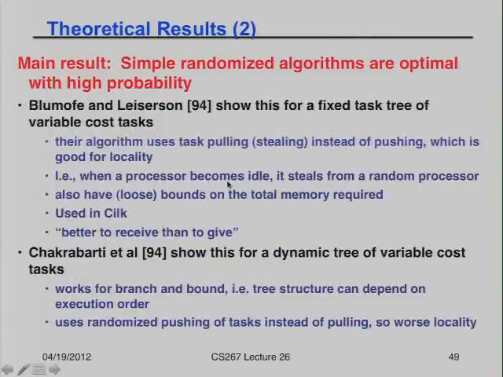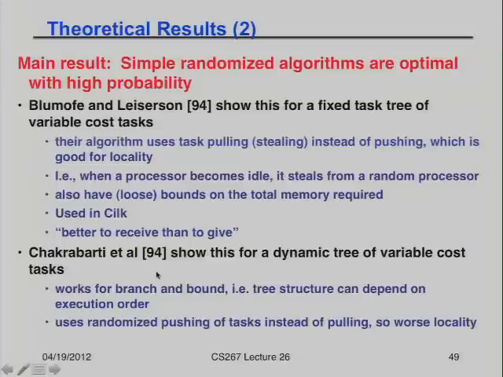So now I'm going to pick a random processor and grab work and bring it to me. And again, they proved that that was a good idea. It's better to receive than to give, you could say. And you saw some of the theory before, and this also, with high probability, gives you a very good load balance. So we've kept the tree fixed, and we've now weakened the assumption so we have variable costs.